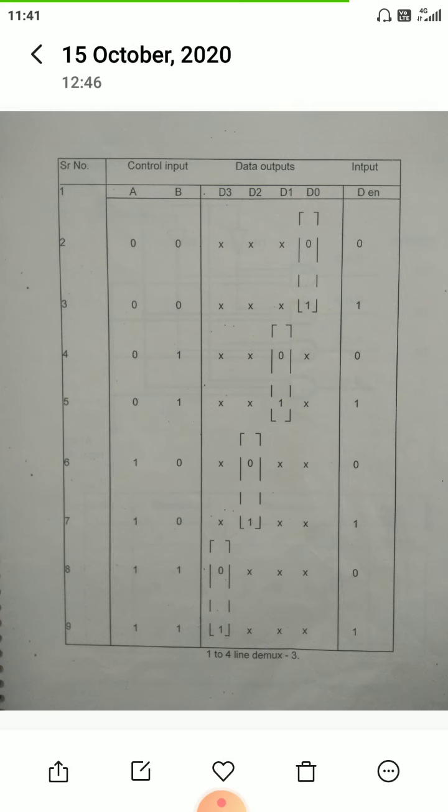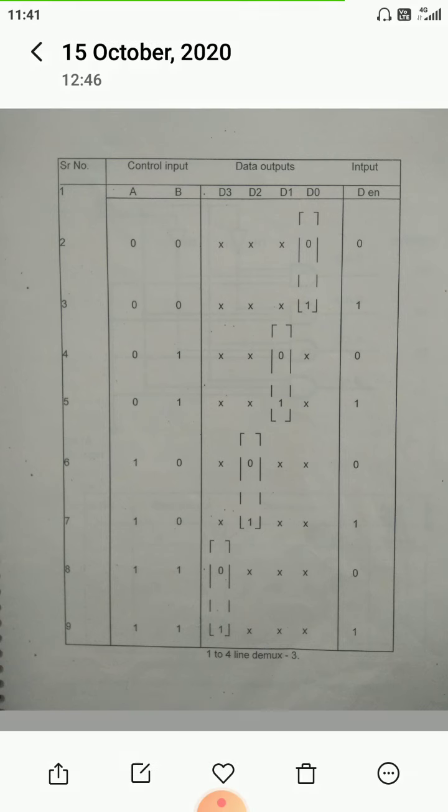Previously we discussed that we will use the sum of product method for getting the output expression, and we will consider only the input entities for which the output is 1.